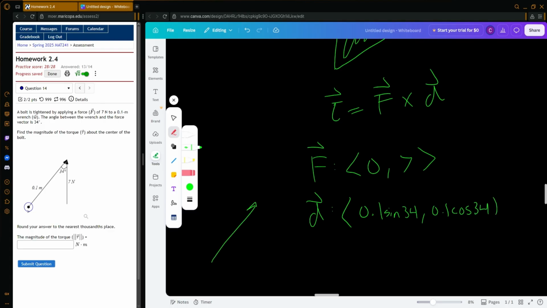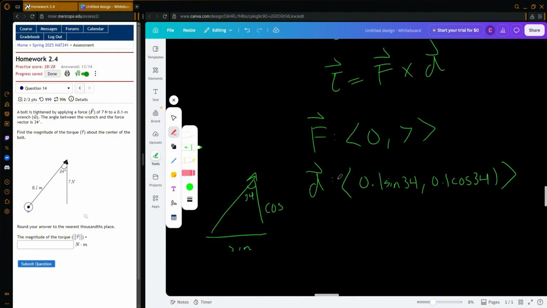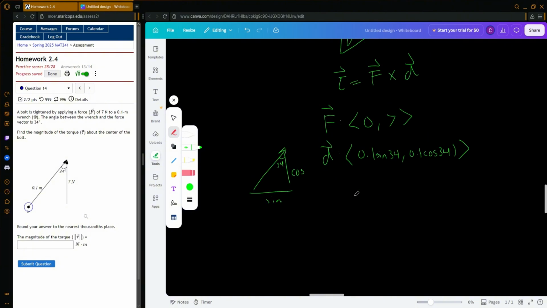Since our picture is like this, and we're given this angle, the x component here is sine, and the y component is cosine. Alright, so we're going to do the cross product now.